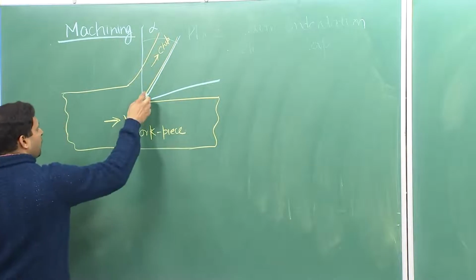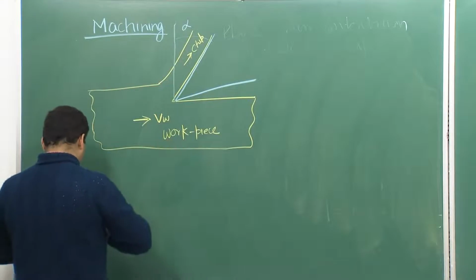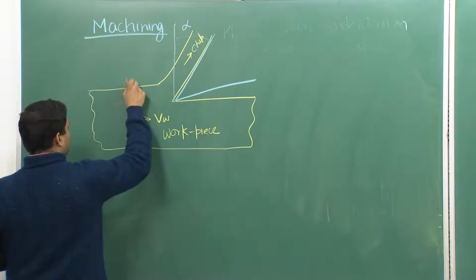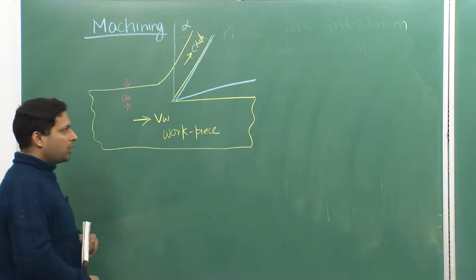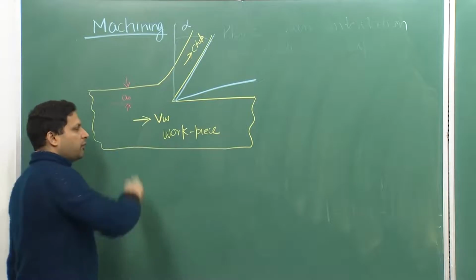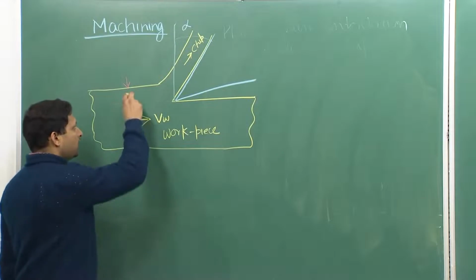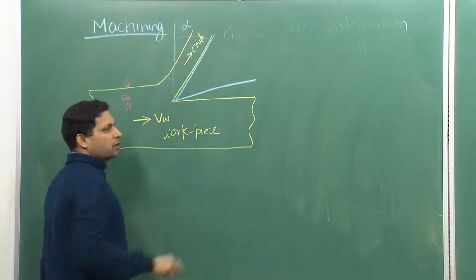Over here, what you are doing is taking off some amount of material. So, this is the material that has been taken off. It is represented usually by A naught, also called uncut chip thickness. So, before cutting, what is the thickness that is being removed, and after being removed, what is the thickness of the chip?